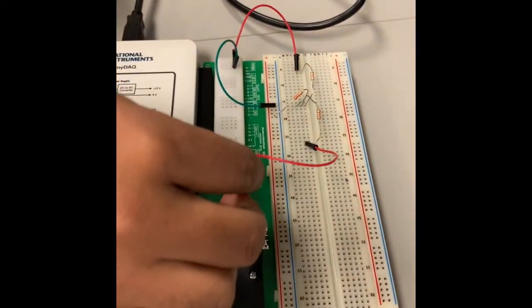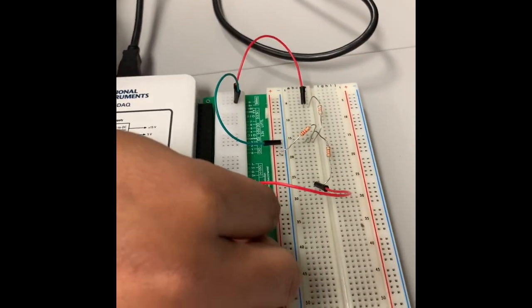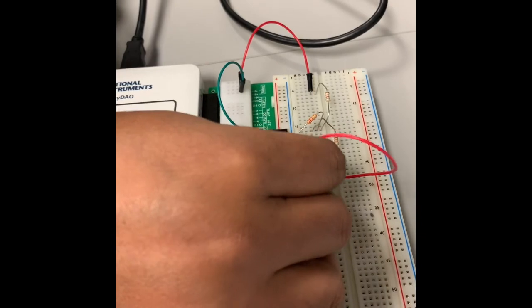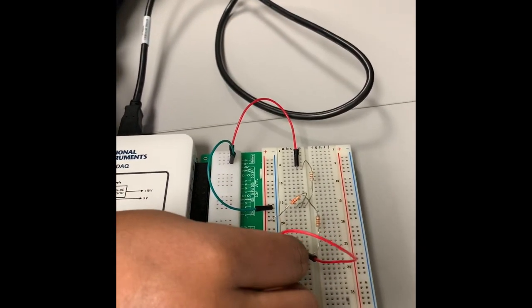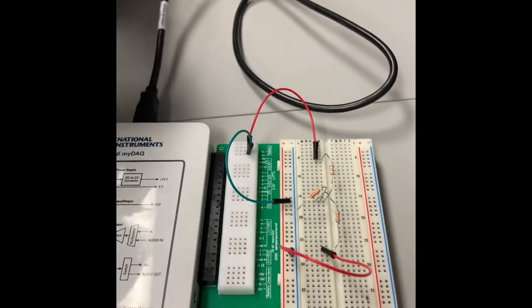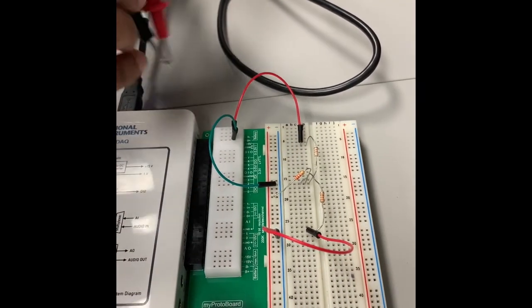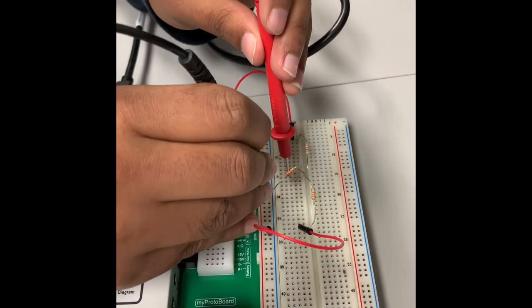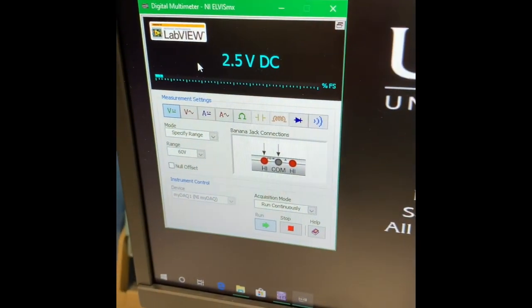All right, next we'll short circuit the 15-volt source, and we'll measure the voltage again across R3. And we get a reading of 2.5 volts.